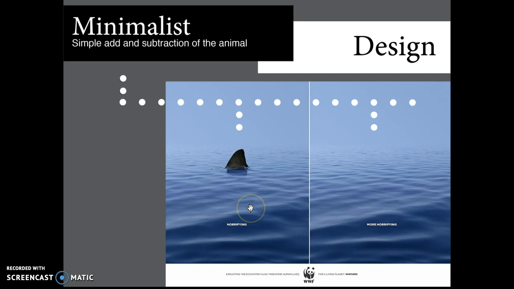Also, there's just a few short words to emphasize the photo's message. With the animal, we have horrifying, and then without the animal, we have more horrifying. This really just adds a strong but simple message of how terrifying some animals might be, but what would be even more terrifying is a world without those animals in it.